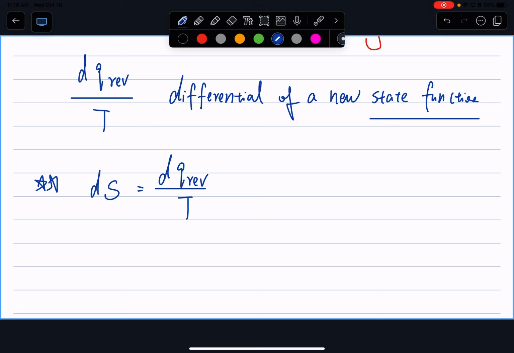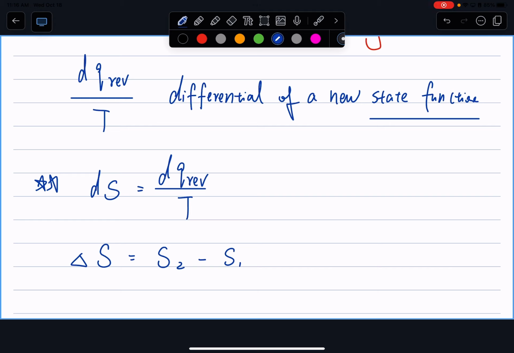All right, and when we write something like change of entropy, what we're talking about is the change of entropy from state 1 to state 2 as S2 minus S1.